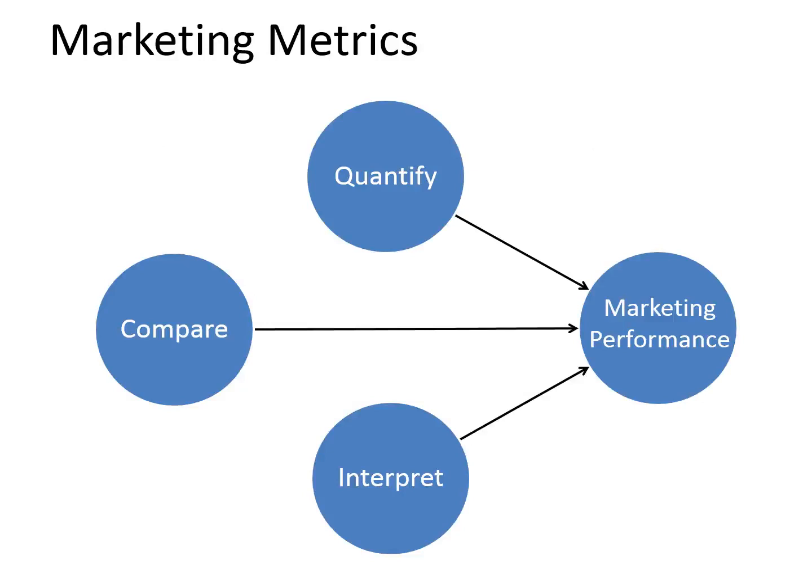As per Philip Kotler, marketing metrics are defined with more details. As per his elaboration, marketing metrics enable marketers to quantify, compare, and interpret information in relation to marketing performance. The idea is we can go back to the previous example related to a website. Let's suppose you have 1000 visitors on your website.